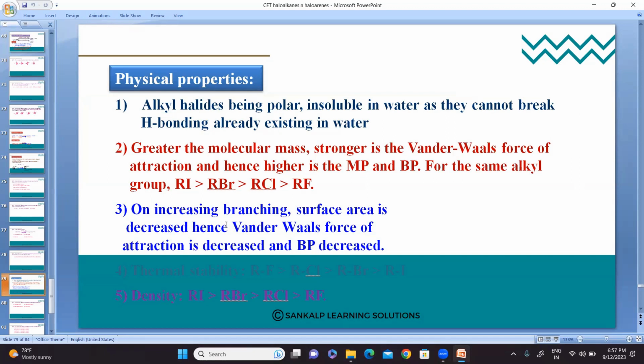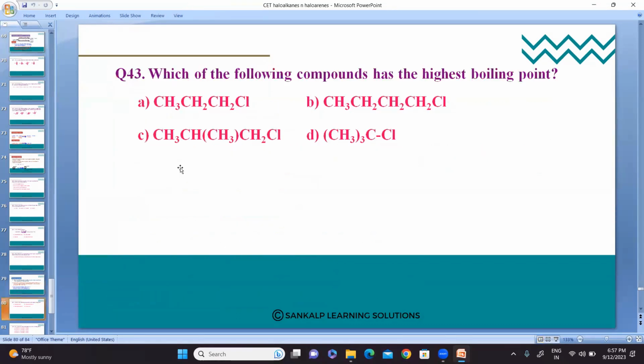As the number of branches increases, the surface area decreases, the van der Waals force of attraction decreases and the boiling point also decreases. In a chain system, as the number of atoms increases, the boiling point increases. But when branching increases, the boiling point decreases.